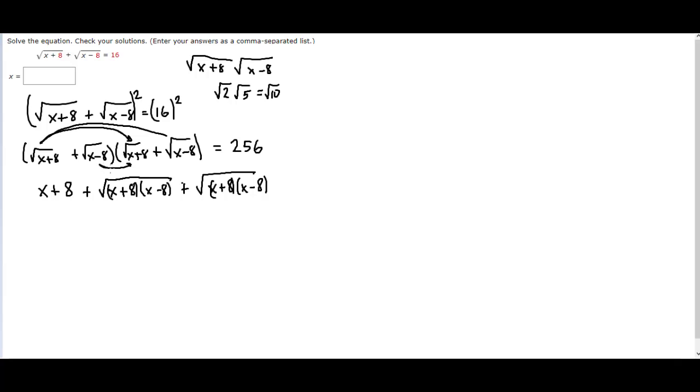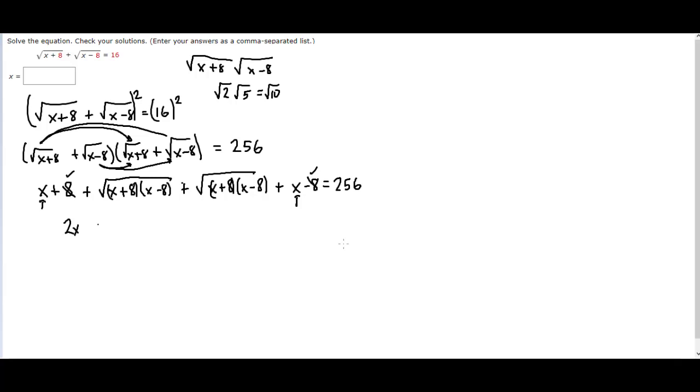And now my final, the last multiplication, the last term times the last term, does in fact simplify down to just x minus 8. And now I have equals 256 on the right hand side. So now I can combine like terms, and I have lots of like terms here, believe it or not. So I have x, and I have x over here. So x plus x is 2x. And then over here, I have 8 minus 8. So those two will actually cancel each other out.